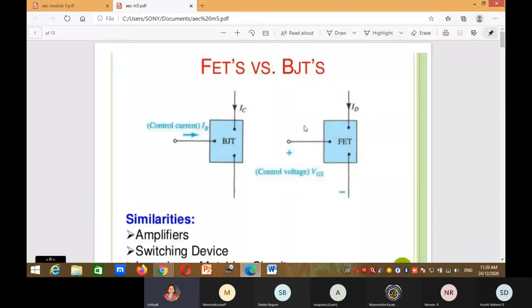You can observe the figure here, the difference between the BJT and FET. Here, why have they written ID? Because of drain current. In BJT we have collector, base, emitter, but when you take FET, it is drain, gate, source.